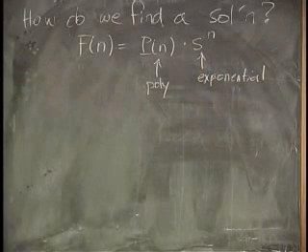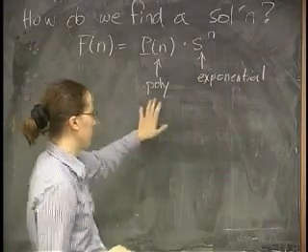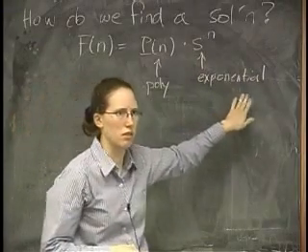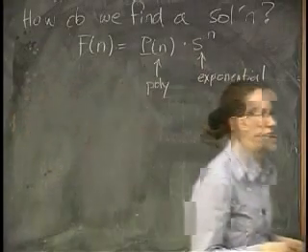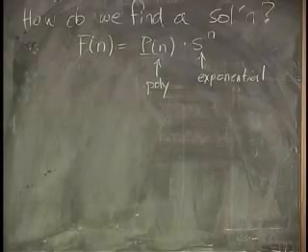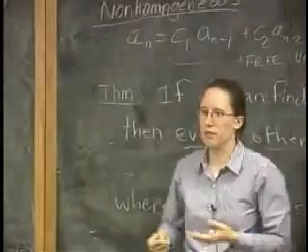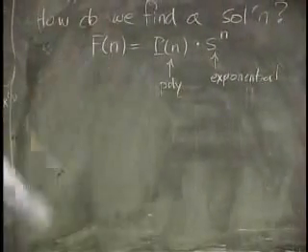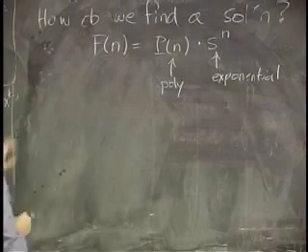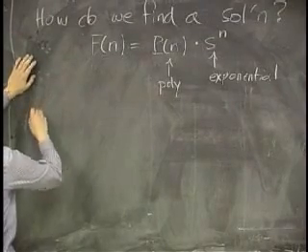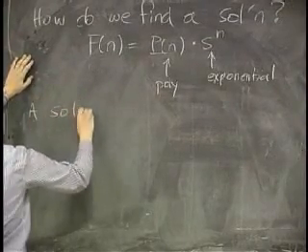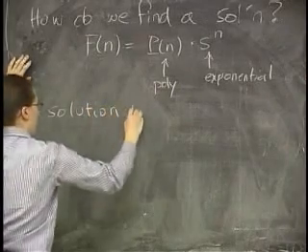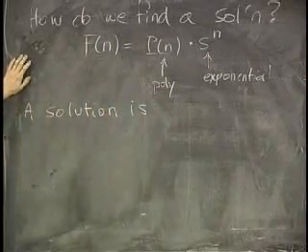If we have logs in here, we're still kind of screwed. When we had the master theorem, we could sort of deal with things like this. We couldn't deal with things when we had n log n there, and we still can't. If you can solve it another way, great, but this theorem doesn't allow us to solve it that way. So if our function looks like this, then the claim is a solution is, well, there are two cases.